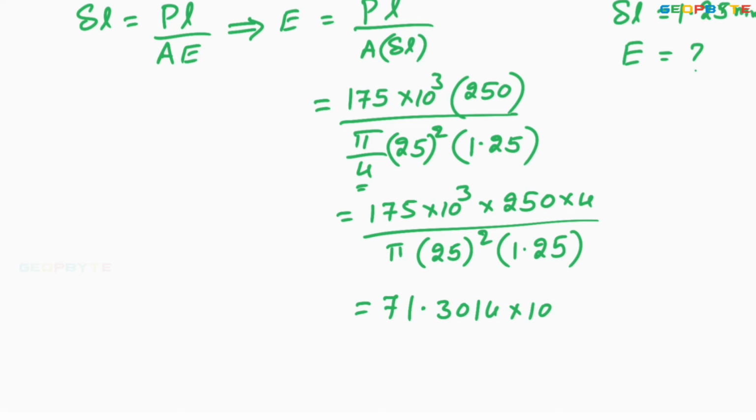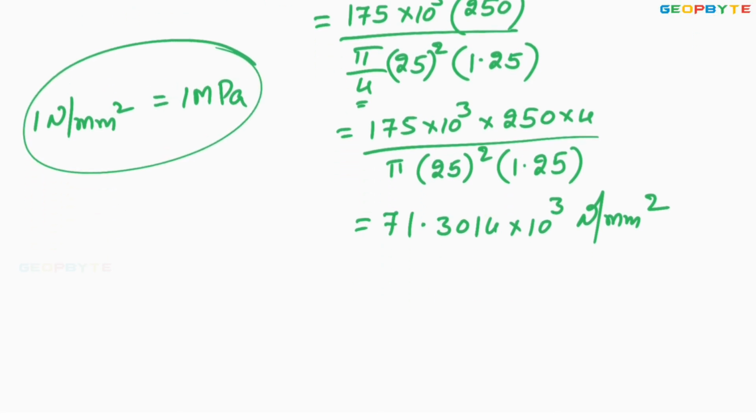I got 71.3014 into 10 power 3 Newton per millimeter square. 1 Newton per millimeter square can be written as 1 megapascal. So it is equal to 71.3014 into 10 power 3 megapascal.